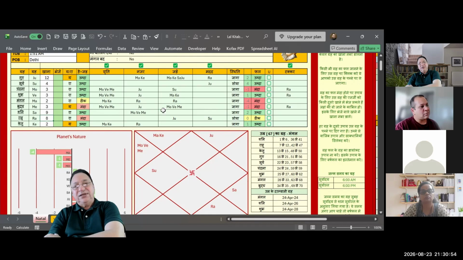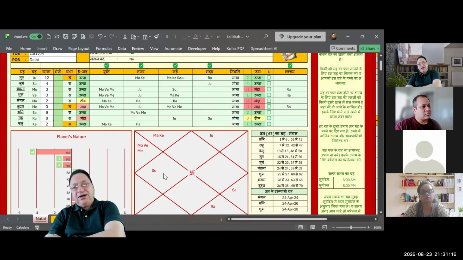But what happens is that other planets affect them by sitting along with them. For example, here Mars and Ketu are together. That means Mars will affect Ketu and Ketu will affect Mars. This is called yuti or combination. So all these combinations are considered here.